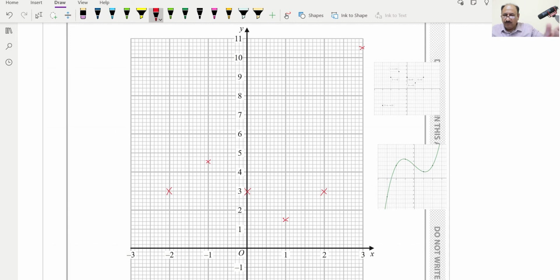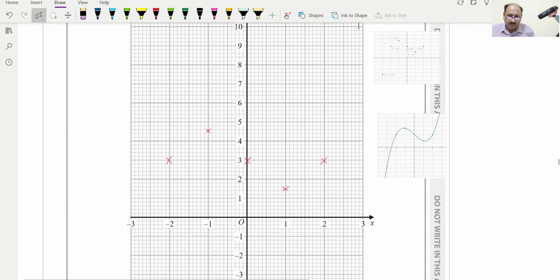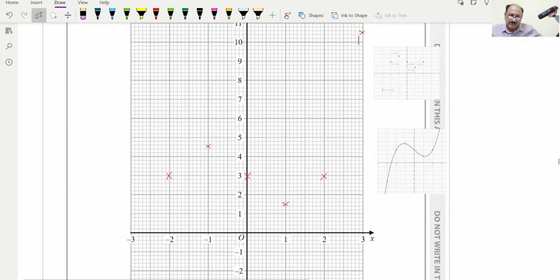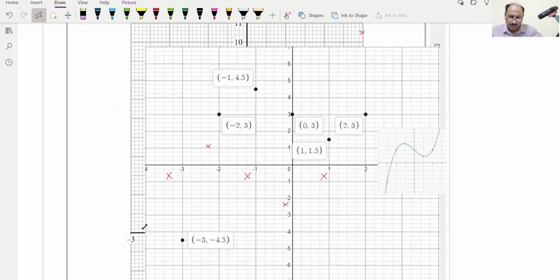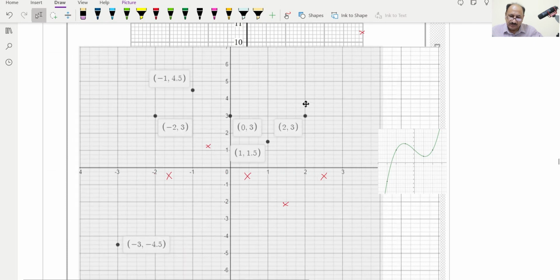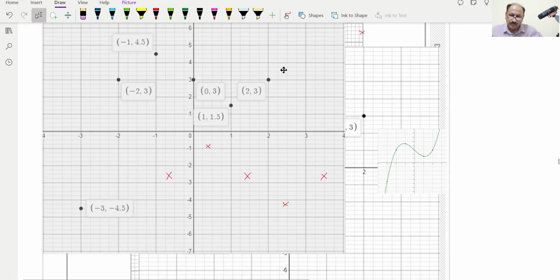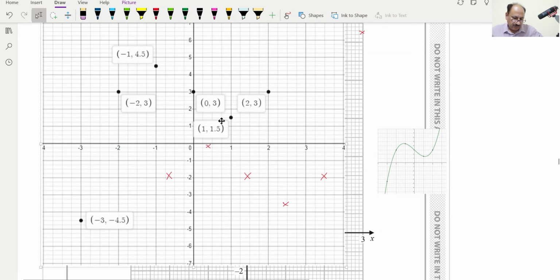So we have marked. Basically I advise that you practice these types of questions on a website also. I have plotted a graph on a website, and you can see these are the points which we have plotted.